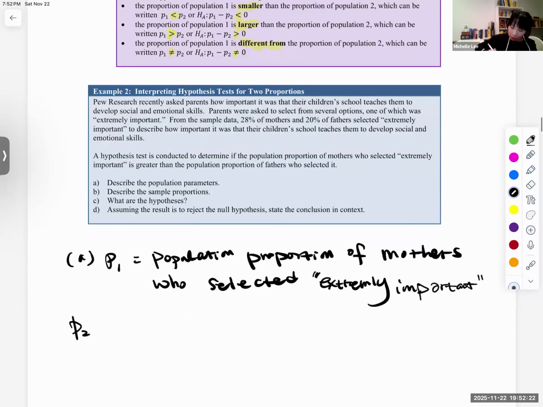Okay, then we can notice p sub 2, right? Same, but it's fathers. So mothers, fathers, same thing.